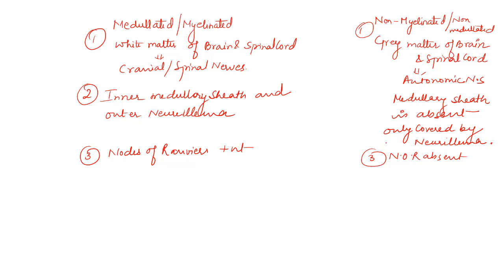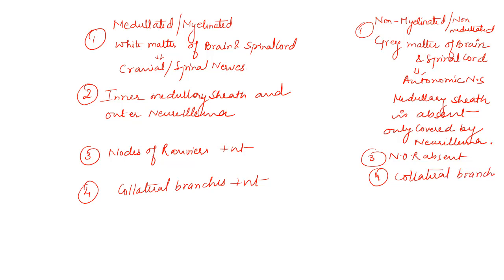Collateral branches are present in medullated nerve fibers, and absent in non-medullated nerve fibers. Understood?